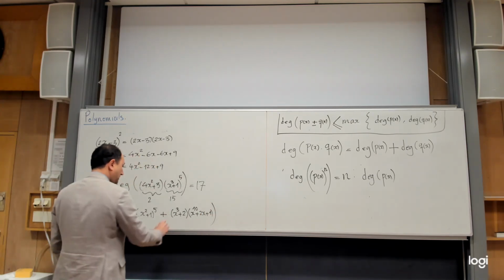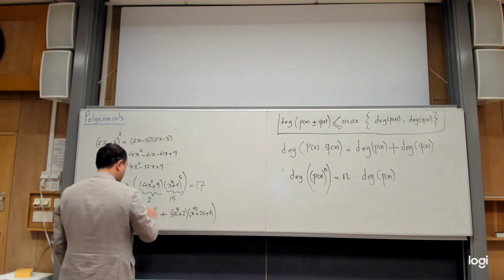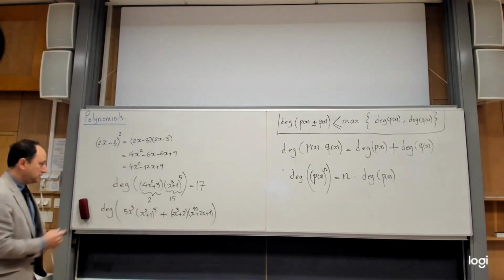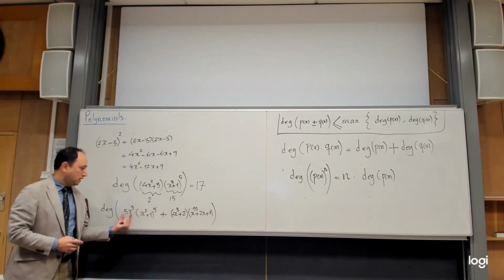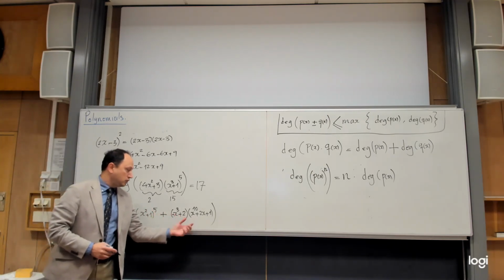Let me make this one negative. So what would be the degree of this combination? I am raising this to power 5, I am multiplying it by this one, I am multiplying these two, then I am adding all these.